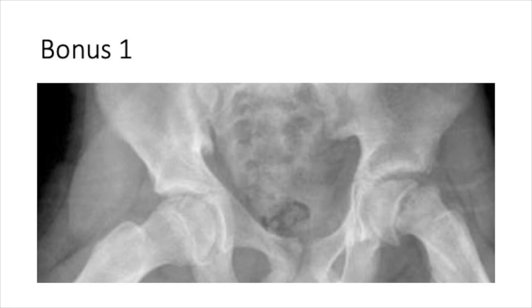You take an AP view and a lateral view. If that is not clear, do a frog leg view. It will be obvious on examination. The pain may be referred to the knee, so the child may come limping with knee pain. So get an X-ray of the hip to rule out a slipped capital femoral epiphysis.